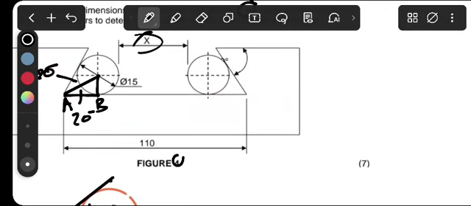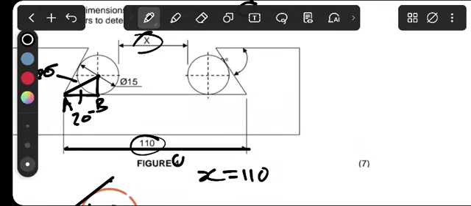So how can we find x, guys? If we try to formulate the formula for x, we take the 110, the distance of this whole length, and subtract this distance, because these two are the same.